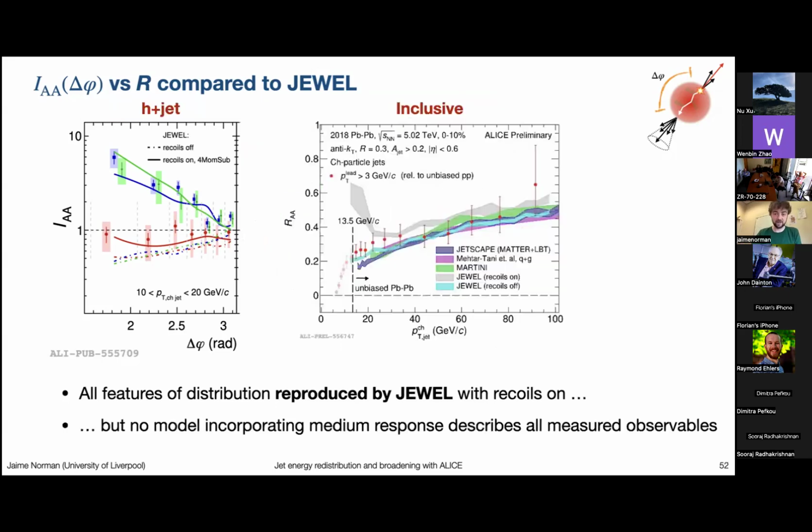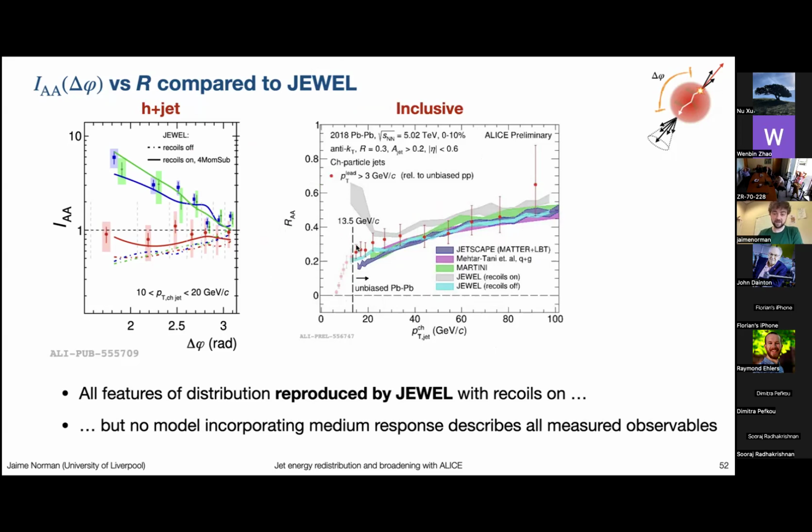One example here is this very nice measurement of inclusive jet RAA recently that Peter was also involved in, measuring the inclusive jet yield down to very low pT.